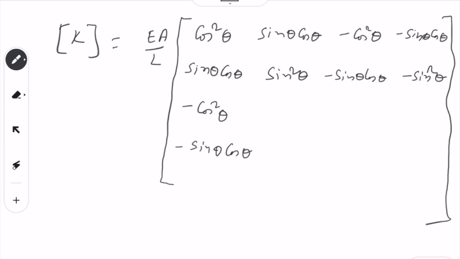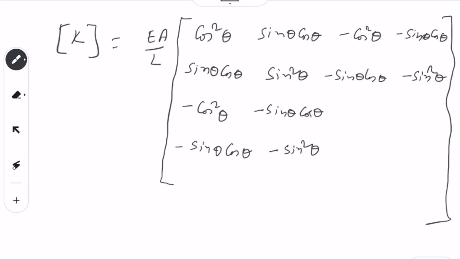And this is symmetric also, so whatever you get here you write it here: minus sin theta cos theta, minus sin square theta.